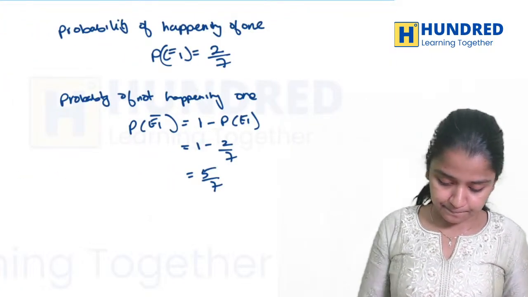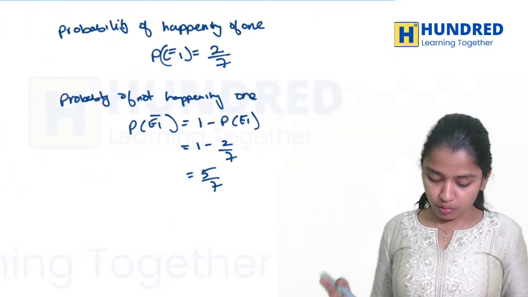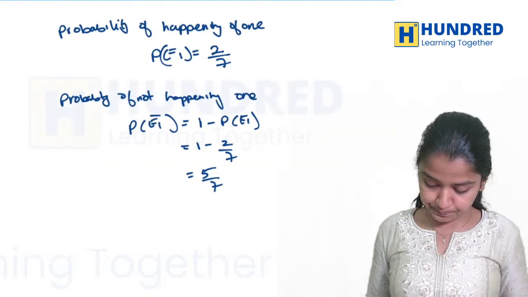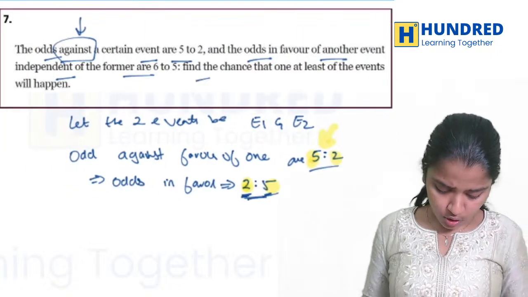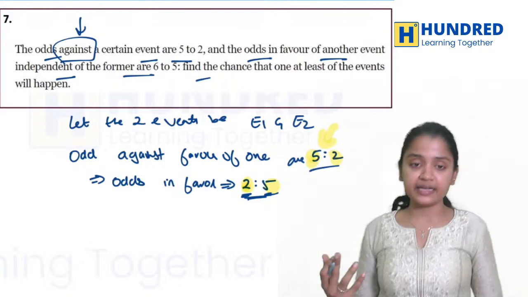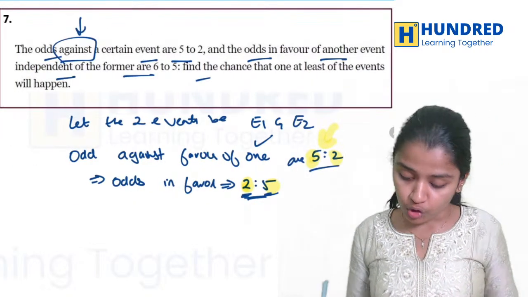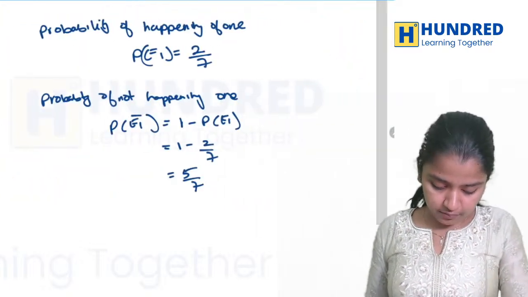Okay, so now after this, next odds in favor of 2, the second event, odds in favor of 1 being the first event. Odds in favor of another event are 6:5.